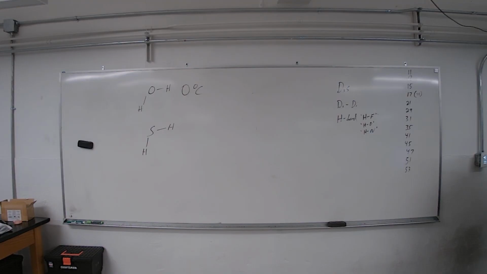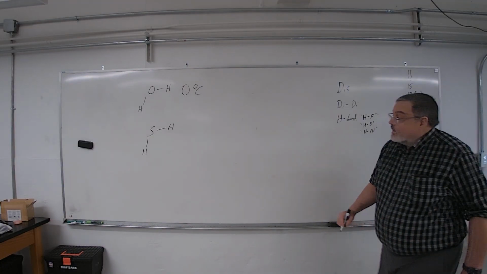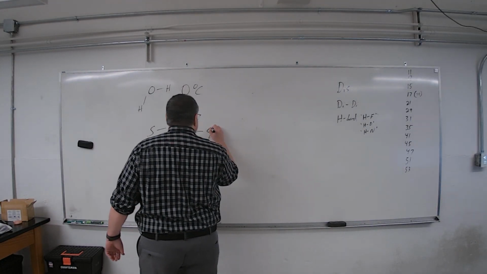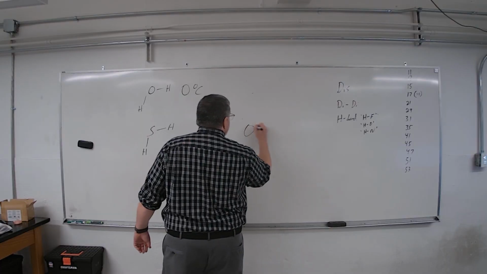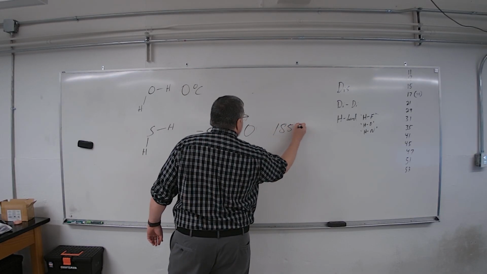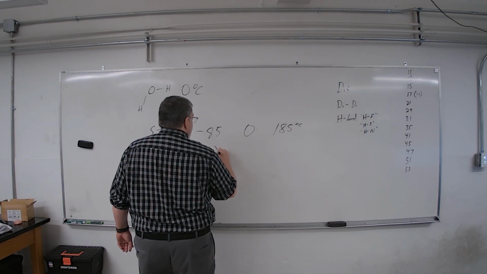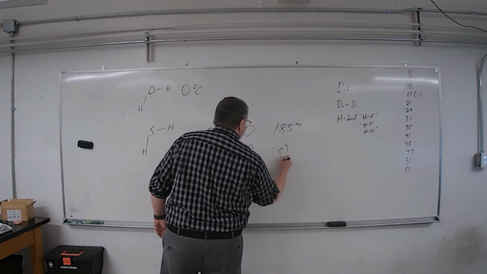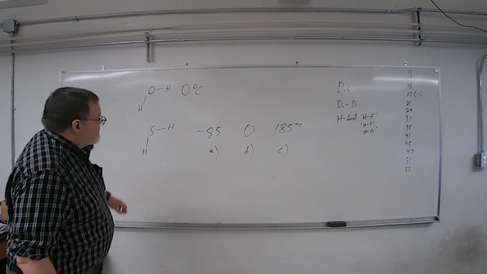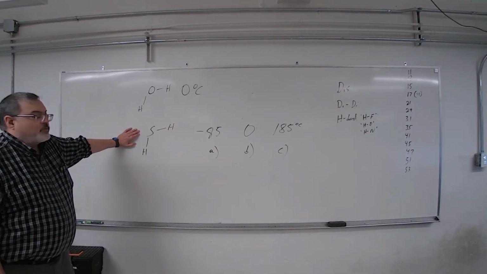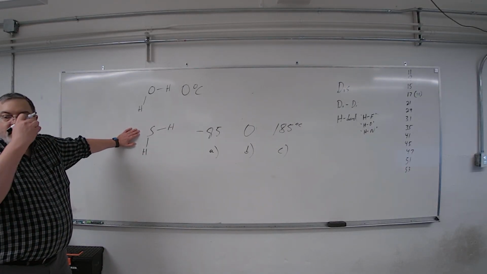Negative 85, 0, or 185. All right. And A, B, C. If one of those is the actual melting point of these, which one do you think it would be?